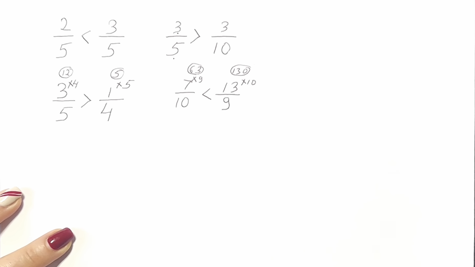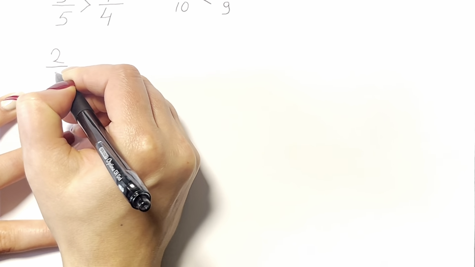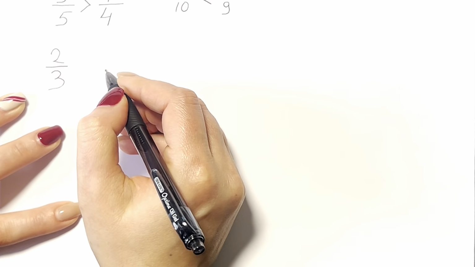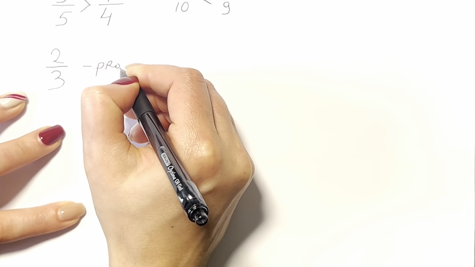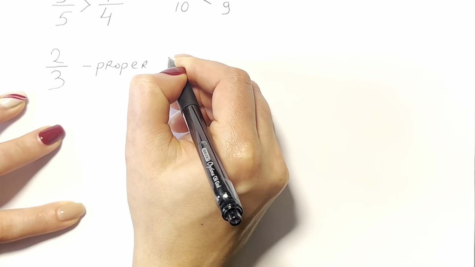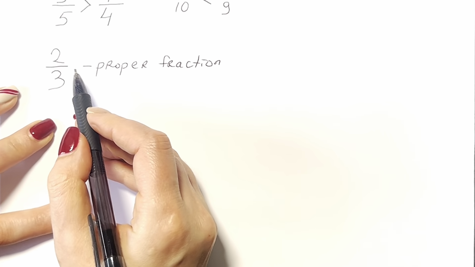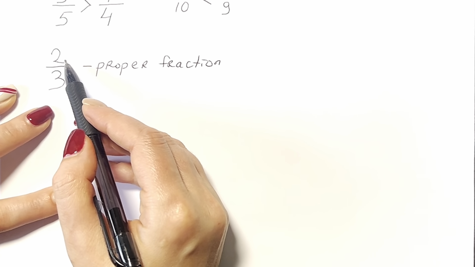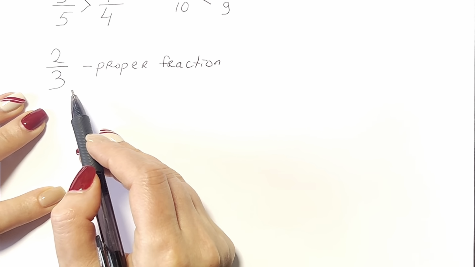Okay, now I want to talk about the types of fractions. 2 over 3. It's a proper fraction. When the numerator is less than the denominator, it's a proper fraction.